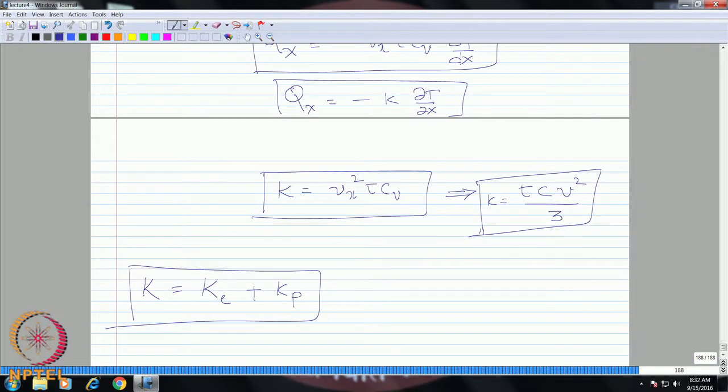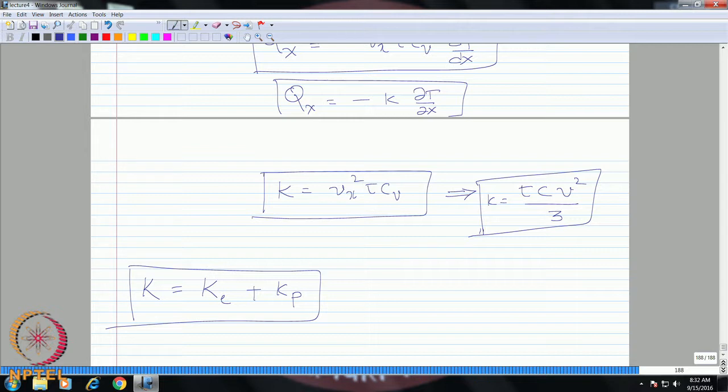Is it 10 power 2 or 10 power 3 meters per second? 10 power 2 to 10 power 3, whereas if you look at electrons, what is the magnitude? 10 power 5. So, directly you can see in which case the thermal conductivity will be higher, metals or gases, metals, correct. At a fundamental level, this is tied to the molecular velocities and relaxation time.